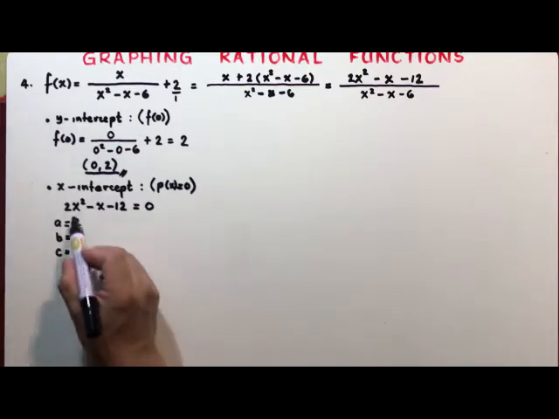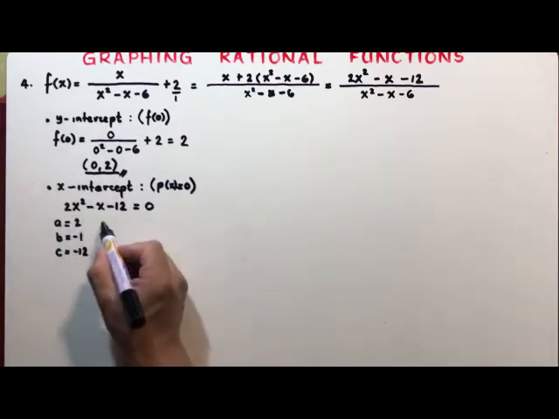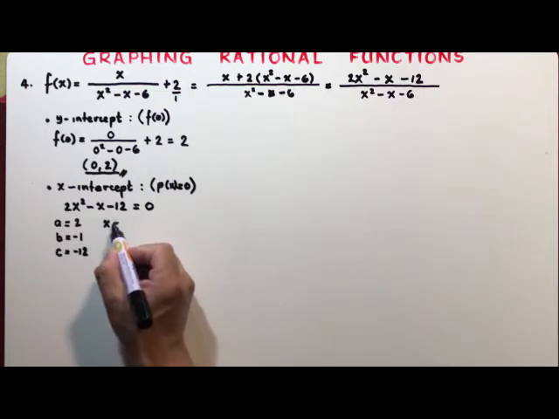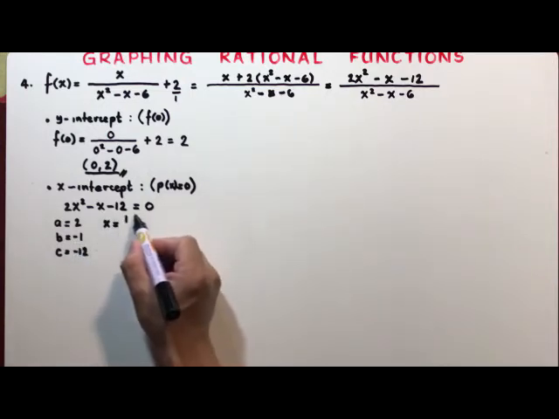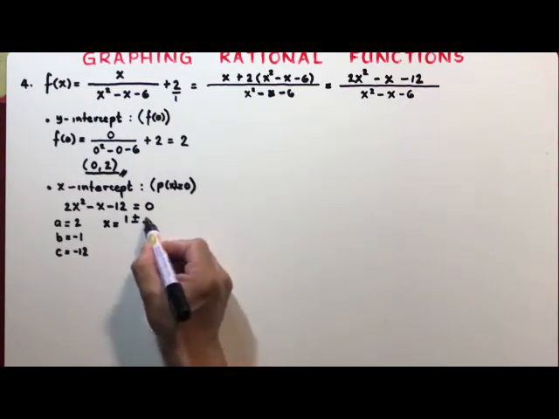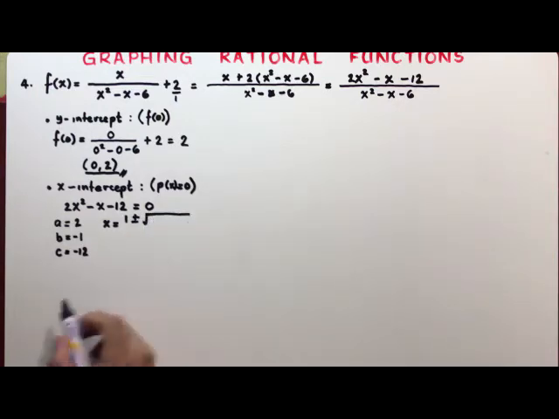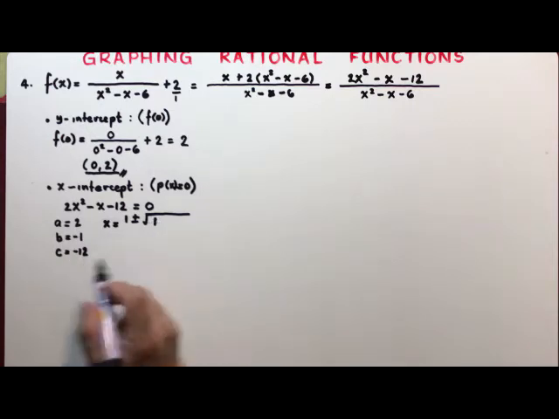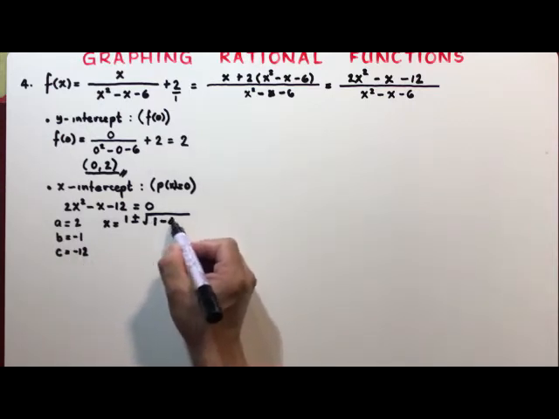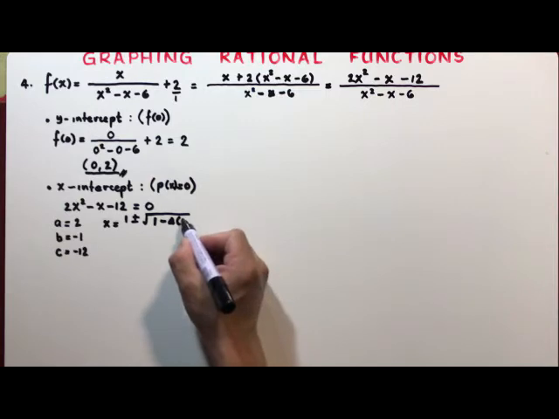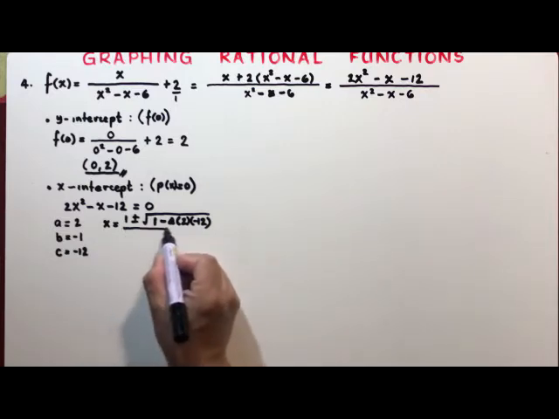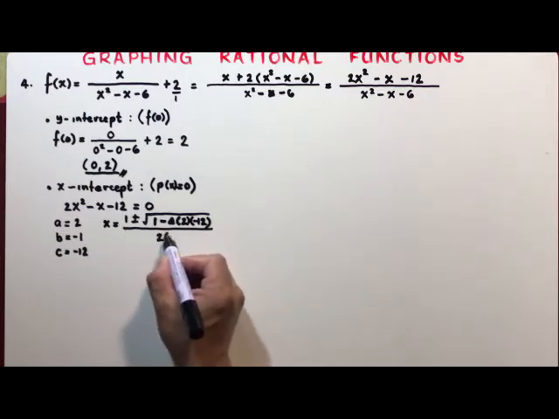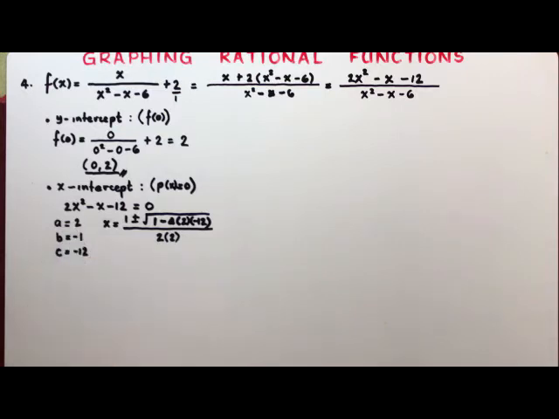Finding the roots, x is equal to negative b, and the negative of negative 1 is 1, plus and minus the square root of b squared, the square of negative 1 is 1, minus 4ac. Our a is 2, and our c is negative 12. And this is divided by 2 times a, and our a is 2 here.